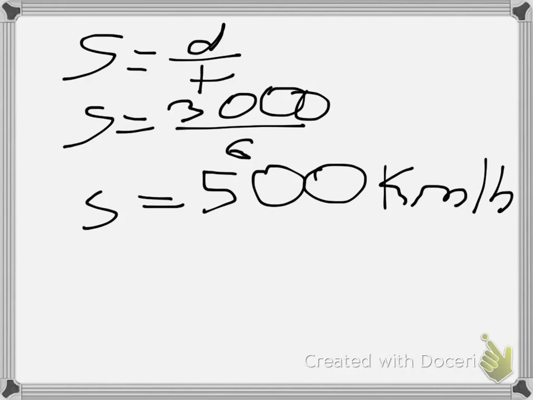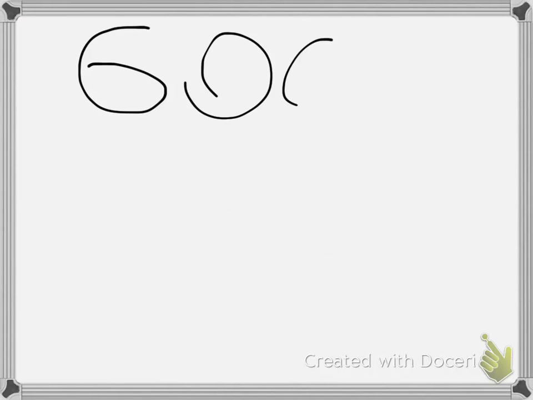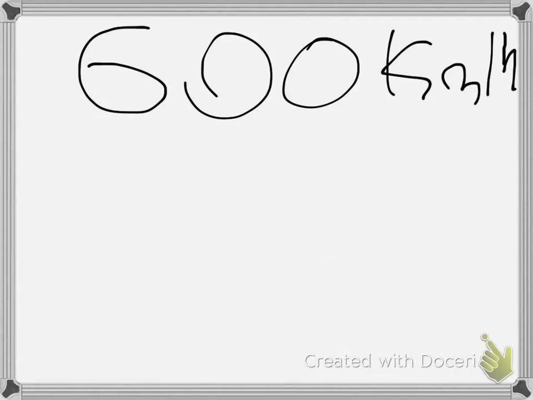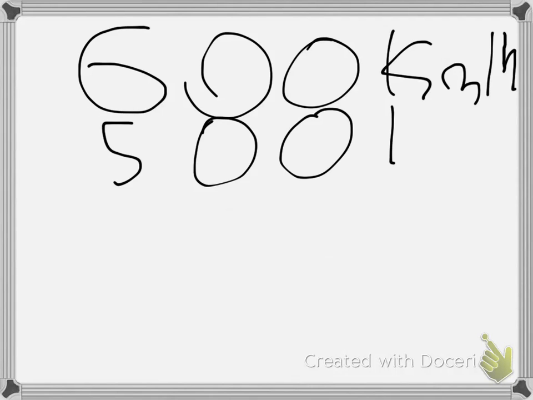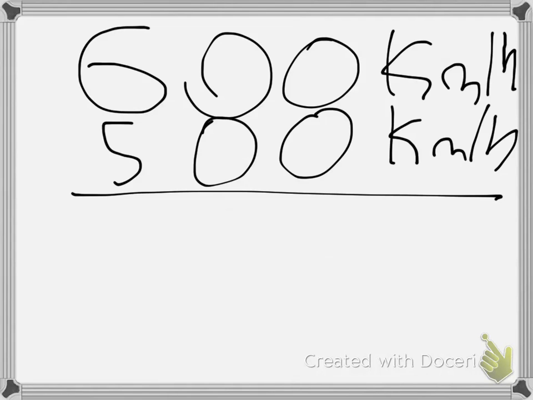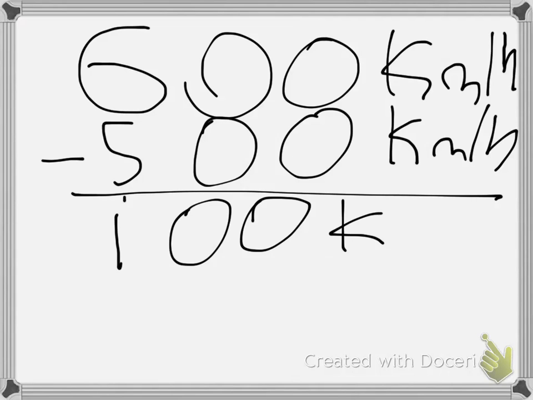But because the wind was the same, we know that if we just subtract 500 kilometers an hour from 600 kilometers an hour, we can find the difference that the wind made throughout the whole trip. So that's 100 kilometers an hour. That's the complete difference of the whole thing.